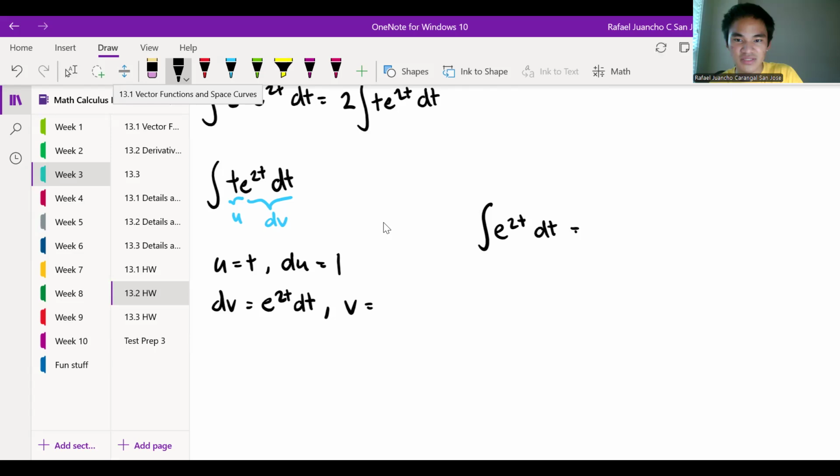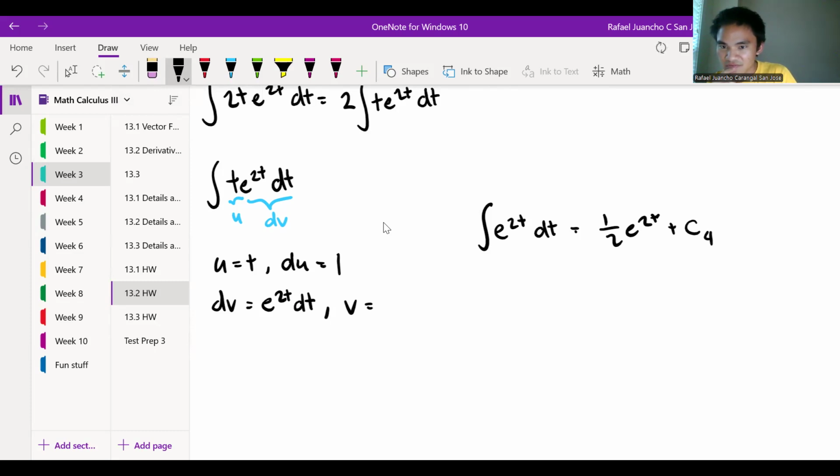So the integral of this thing is 1/2 e to the 2t plus some constant that I don't know. Yeah, this should be 1/2.